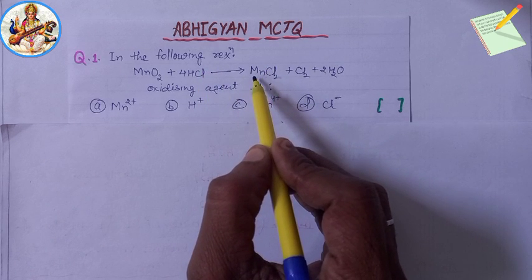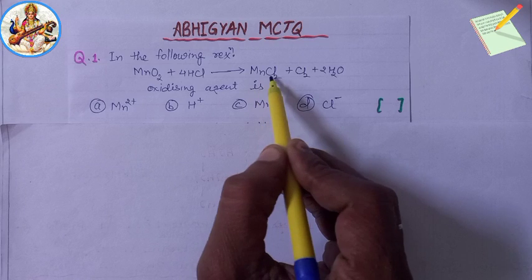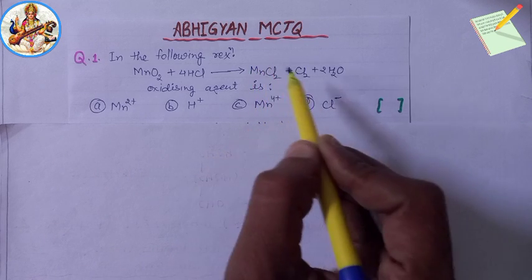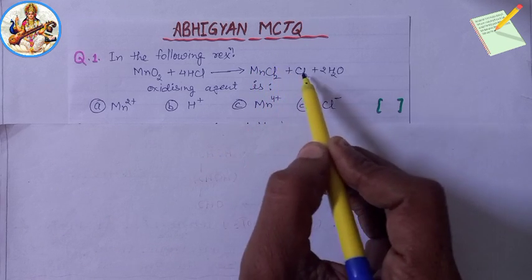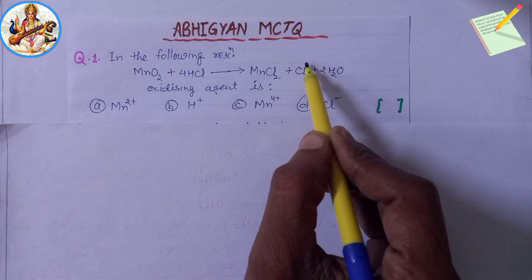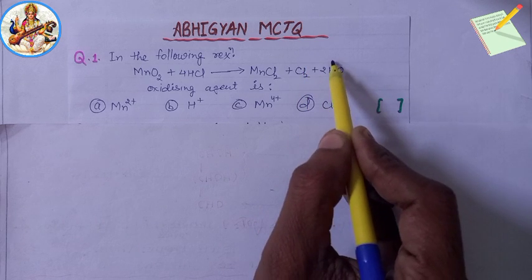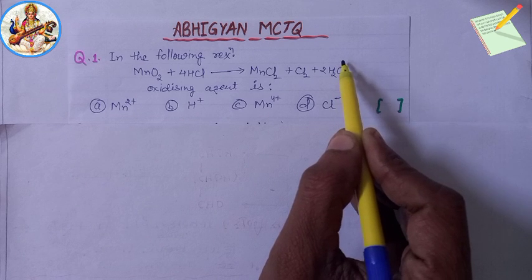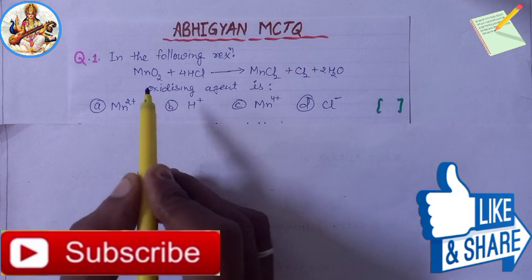Similarly, the oxidation number of manganese in MnCl2 is +2, chlorine is -1, in Cl2 chlorine is 0, in water hydrogen is +1 and oxygen is -2.